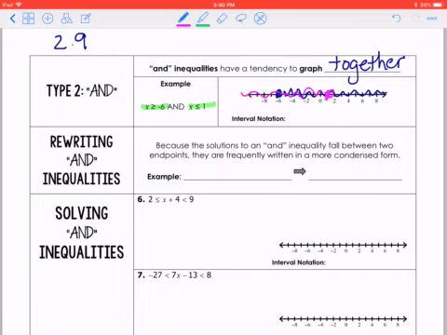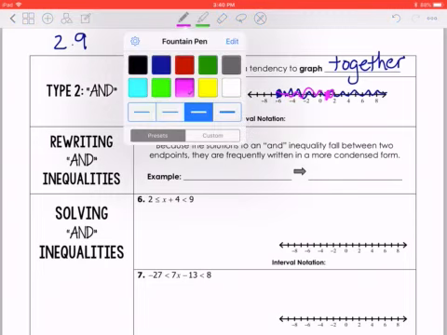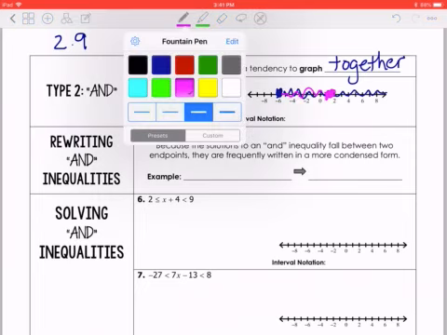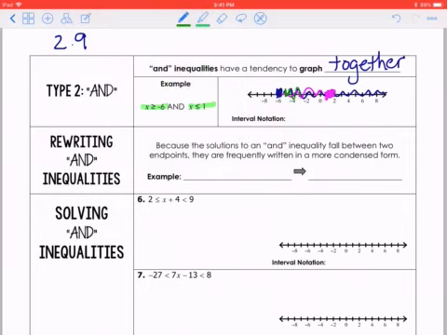So the only part of the graph that actually works is where they're shaded together. So that means that this circle right here is going to be one of the endpoints, so like the stopping part of it. And then right here at 1, and we are going to shade in the middle of it, so they are together. Okay, so I'm going to erase this part right here.